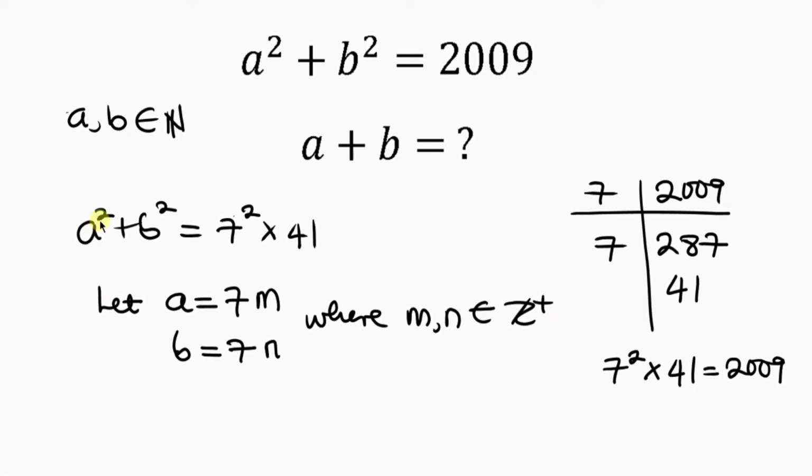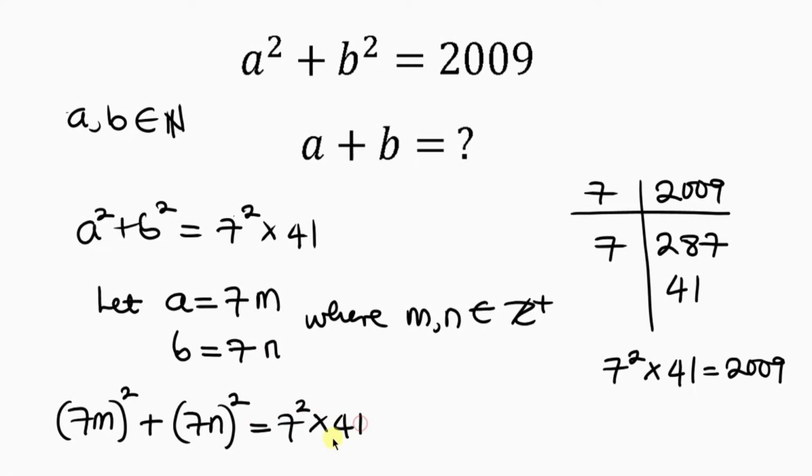So this is a squared, so I'm going to be substituting 7m in place of a, and it is squared, plus this is b squared. Our b is 7n, so we have to square that, equal to 7 squared times 41.